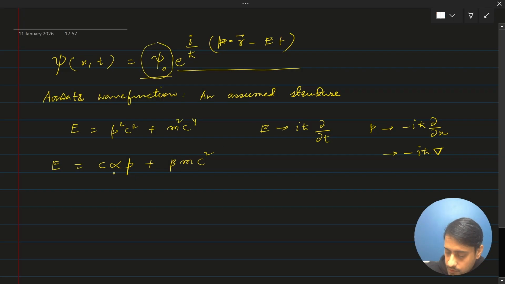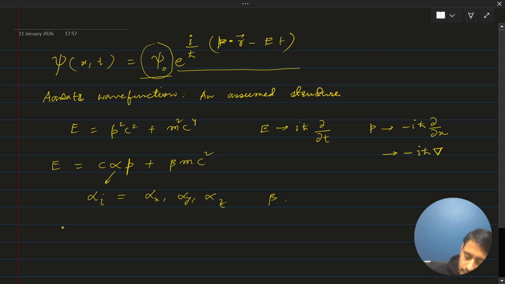For this, alpha was alpha i, which was alpha x, alpha y and alpha z, and beta is also a matrix. And we found some relations between this alpha and beta.